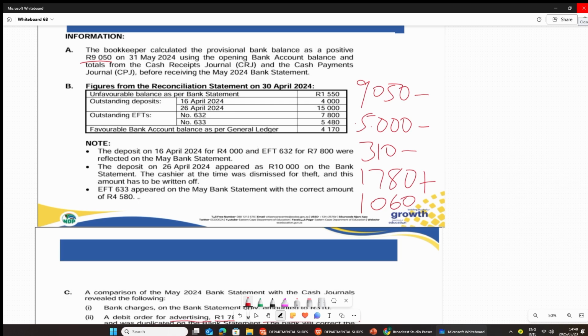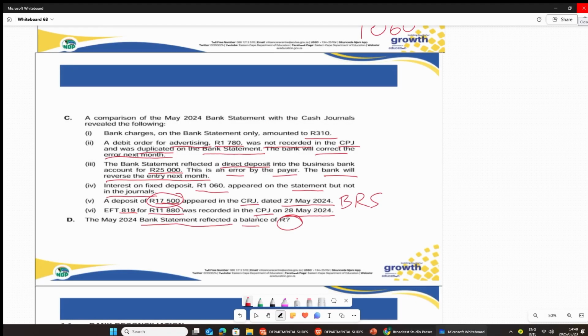That balance will then be transferred to your bank reconciliation statement as the bank account balance in our general ledger. Then the 17,500 and this 11,800 will be the outstanding deposit and outstanding EFT in our bank reconciliation statement.